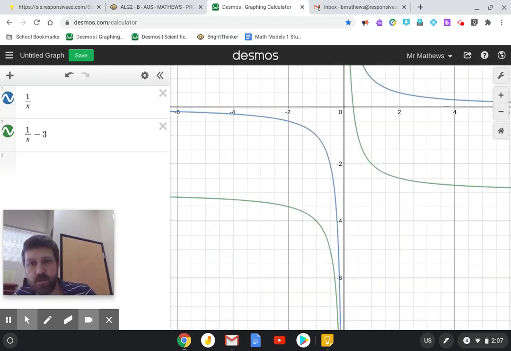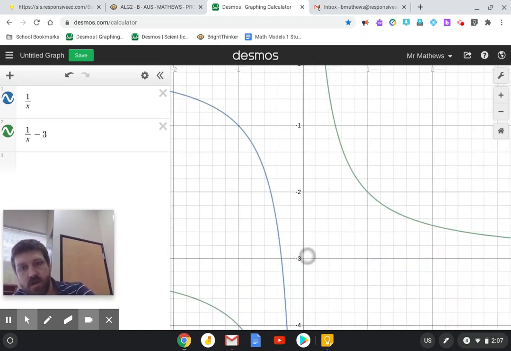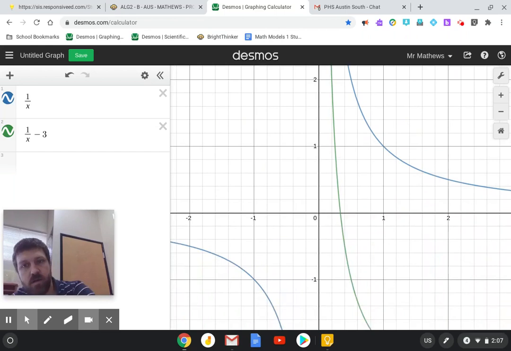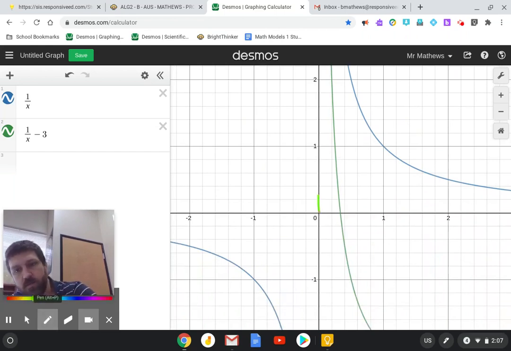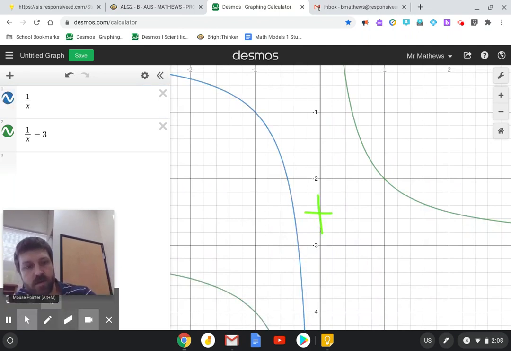Trying to get that 3 to show up for me. There we go. That center is now here as opposed to here when it was the blue graph. Right there was the center of that graph. Now the center of the graph is located. Oh man, sorry guys. Clear that out. Zoom out again.